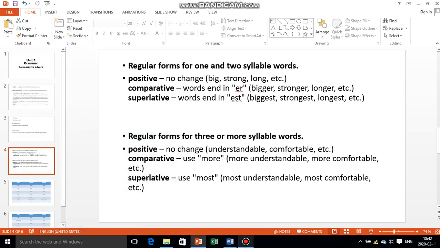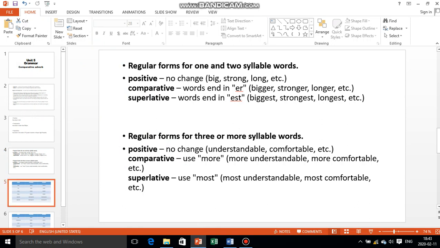Like for example, the word understandable. There are 5 syllables in understandable. So you will use more in comparative and most in superlative.